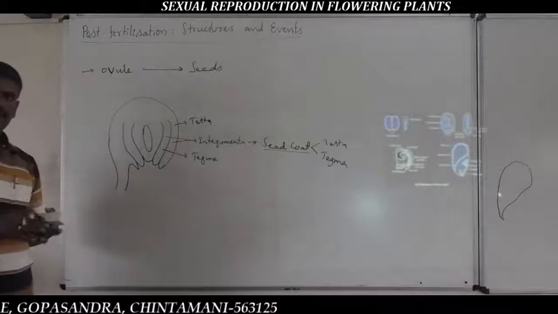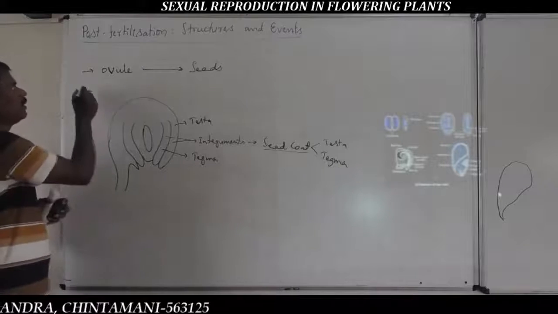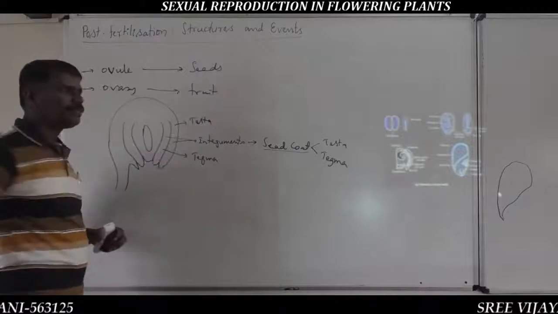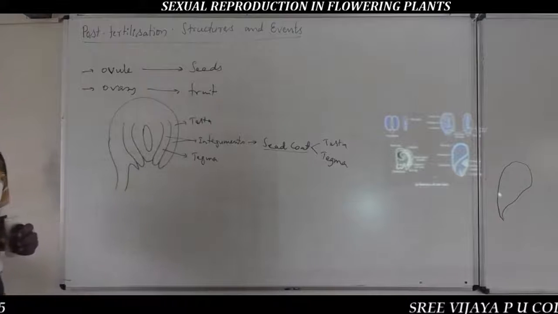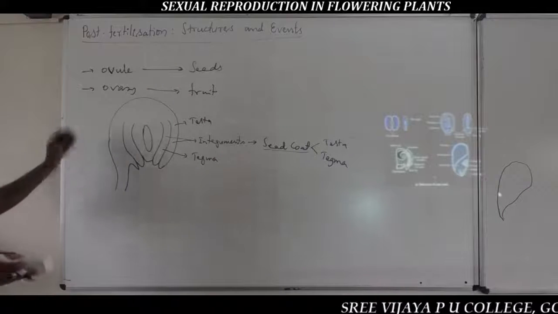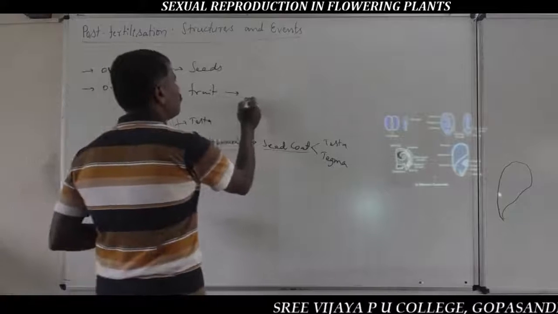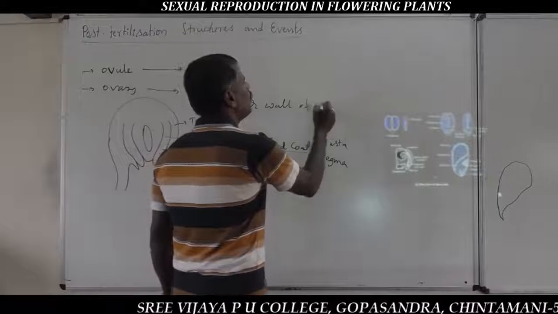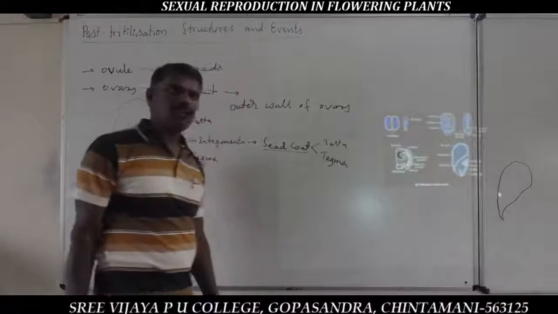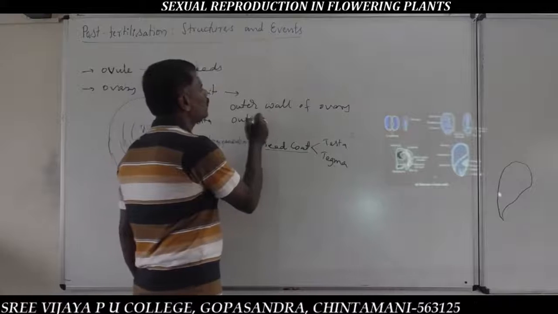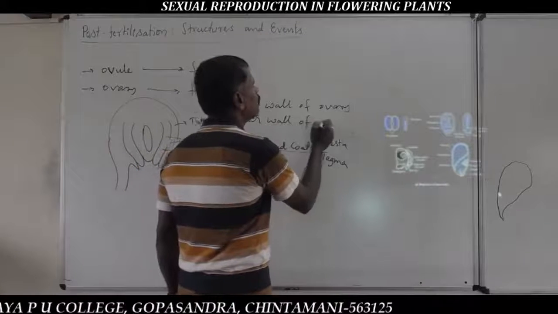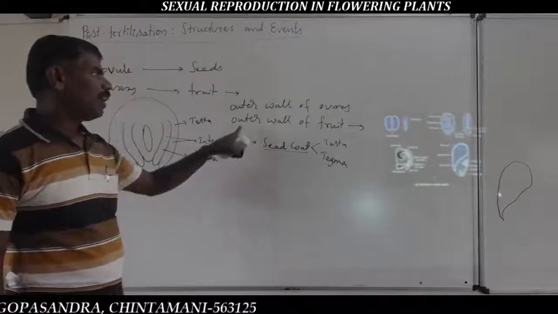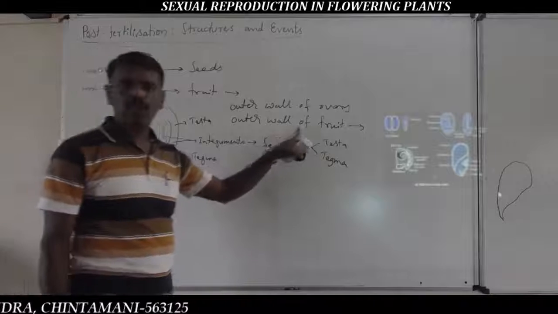The entire ovary develops as the fruit. The outer wall of the ovary develops as the outer wall of the fruit.